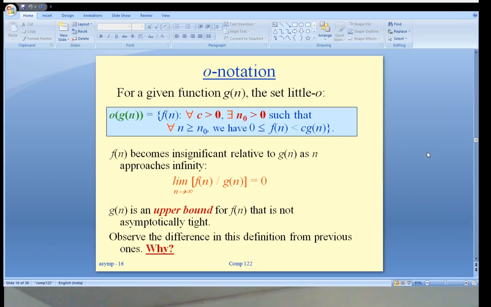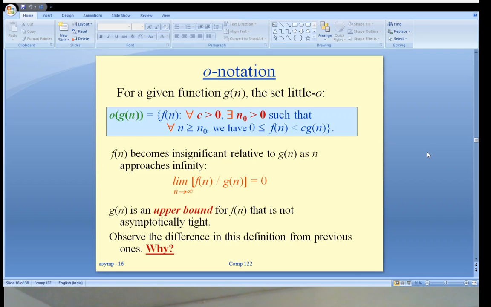Now the definition of little o notation: little o of g(n) is such that for n0 greater than 0, the function f(n) lies between 0 and c g(n). f(n) becomes insignificant relative to g(n) as n approaches infinity, meaning the limit of f(n) upon g(n) as n tends to infinity becomes equal to 0. g(n) is an upper bound for f(n) that is not asymptotically tight.